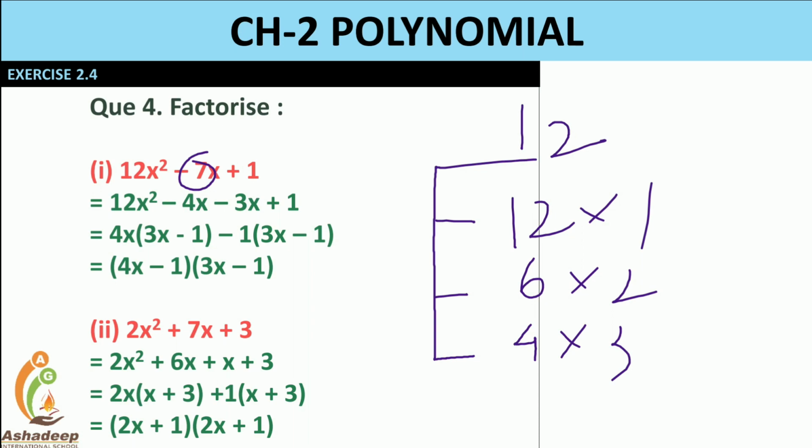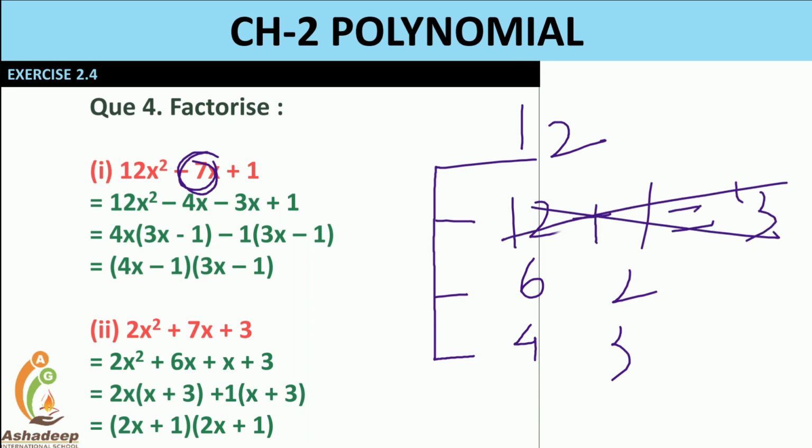Now what I have to do, I simply have to add these, and I want to find out the minus 7. Simple, right? So 12 plus 1 is equal to 13. Is it possible? No. 6 plus 2 is equal to 8.